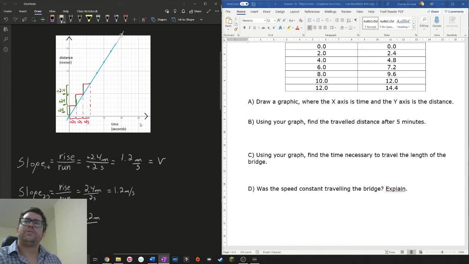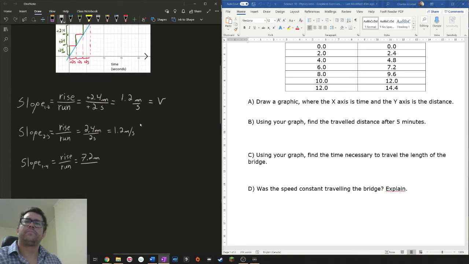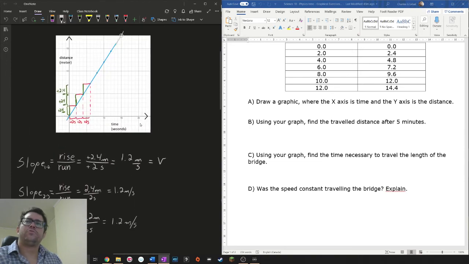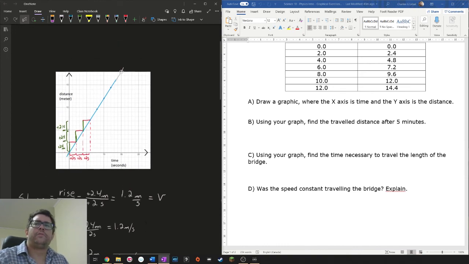From here to here is 6 seconds. You divide that, you will get 1.2 meters per second again. Same thing, same slope. So you can basically say that because you have a constant line, you can calculate the slope a few times, but it's always the same answer.